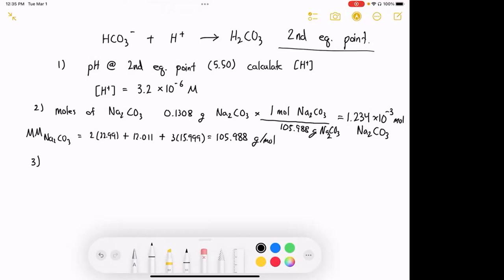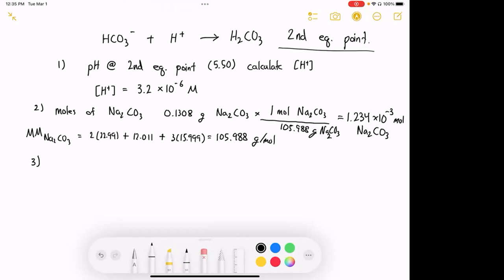Okay. So what is our moles of carbonate in solution? So we measured out the first dissociation constant. Okay, let's see here. Oh, I see. Okay. Let's just backtrack here.